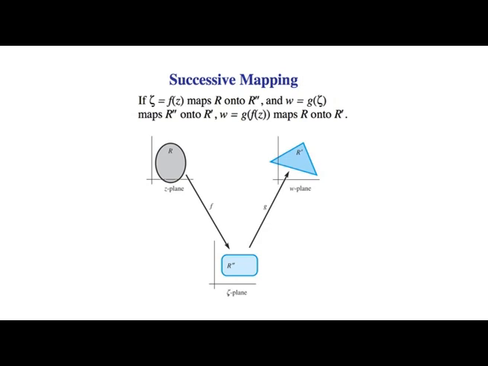So, you have now 3 parallel planes. One will be your z plane, the second will be your zeta plane, and the third will be your w plane. Since w is equal to g of f of z, f maps your z plane onto zeta plane, and from zeta plane through the function g, you go to w plane. So, in effect, your function g of f of z is mapping z plane onto w plane. This is how mapping happens when it is successive.